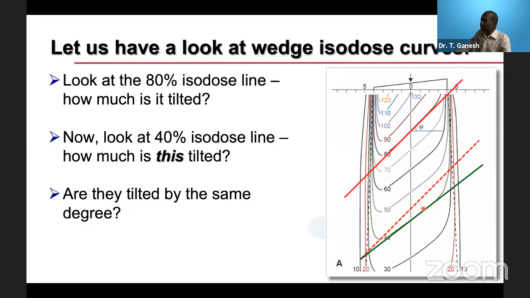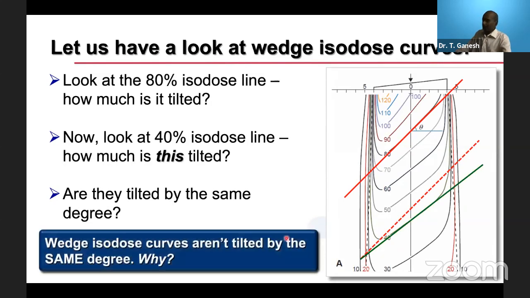But here you see there is a big difference. The 40% isodose line is not tilted to the extent that the 80% isodose line has been tilted. So the bottom line is that wedge isodose curves aren't tilted by the same degree.